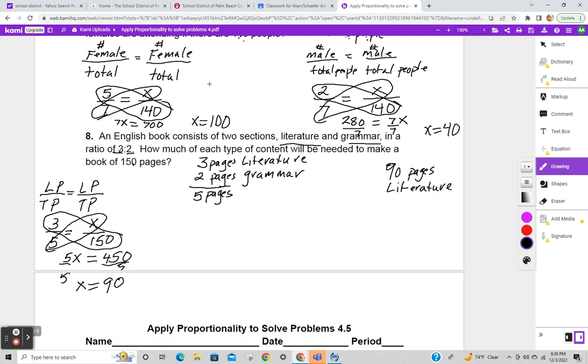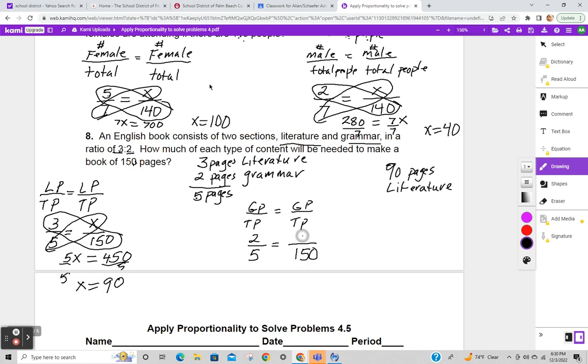How many pages of grammar will we have? We have to do the same thing. Grammar pages over total pages. All right, so if we have 2 grammar pages out of a total of 5, how many grammar pages do we have out of a total of 150?